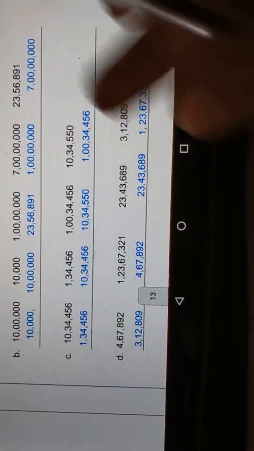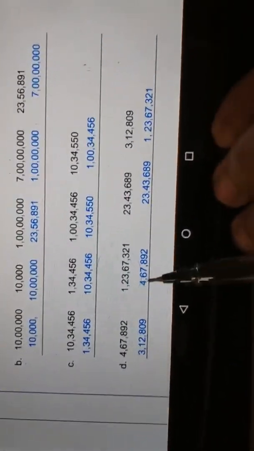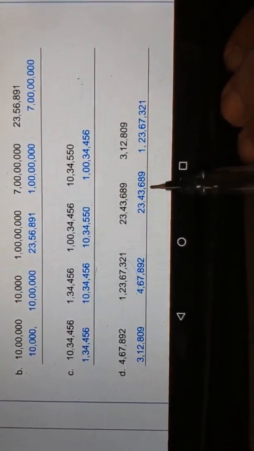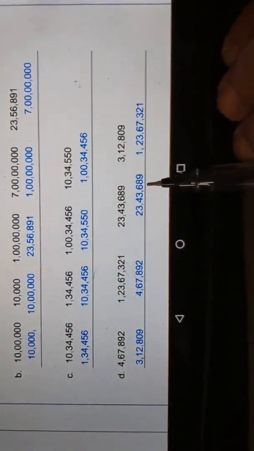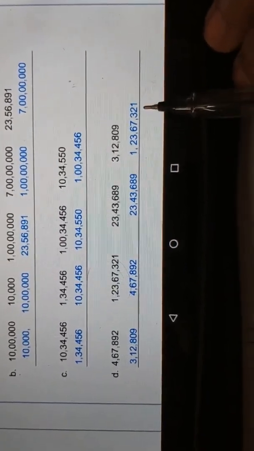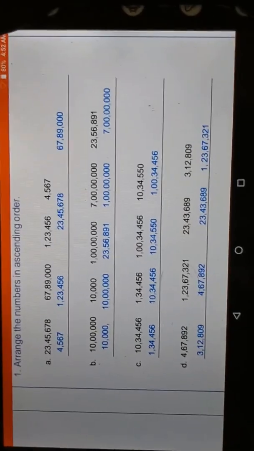So we have to write the smallest number, 3 lakhs 12,809, 4 lakhs 67,892, 3 lakhs 43,689, 1 crore 23,321. Now students, look at this and write it down in your notebook.